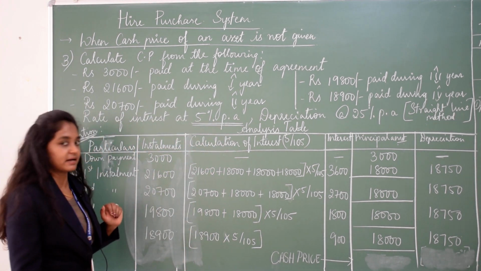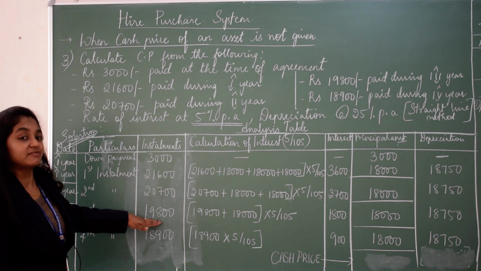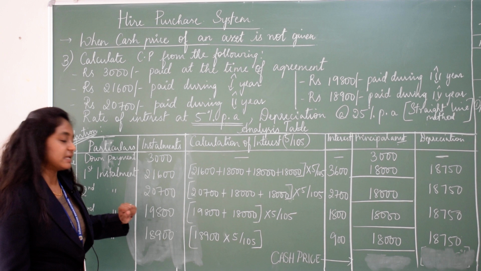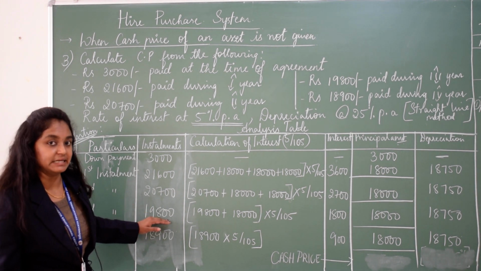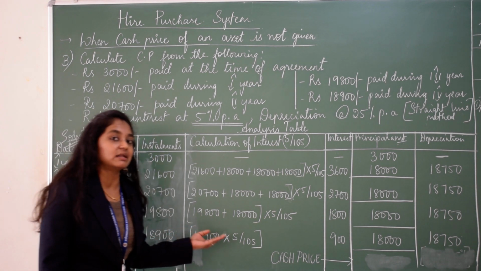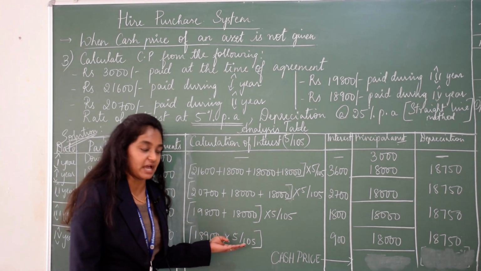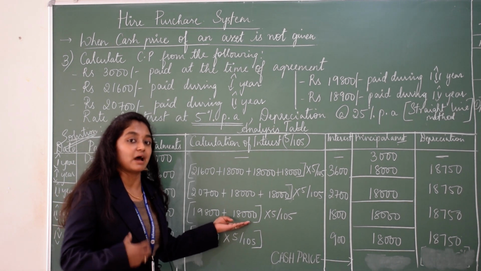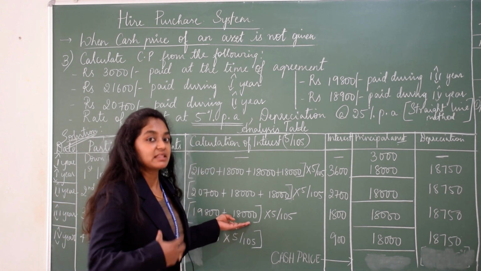Moving on to the third year now. Third year installment, they have clearly mentioned it is 19,800. For this 19,800, we have to calculate interest value now. To calculate that interest value, one small addition that we have to do is to find out an outstanding balance of the cash price.